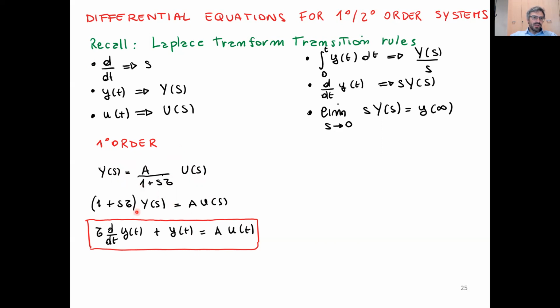We rewrite on a single line output and input, and we replace the s with the derivative of the related variable. And this is the differential equation for the first order system that we saw already. It's in a slightly different shape.